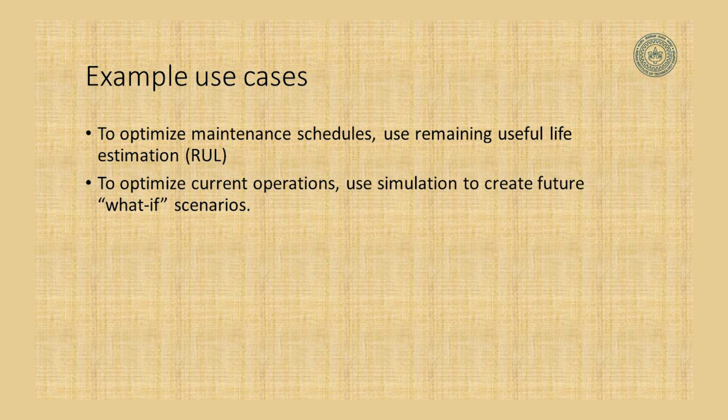Okay. To optimize current operations, you can use simulation to create future what if scenarios. So, if you want to optimize your current operations, you can use this simulation in the digital twins to create future what if scenarios. Okay. So, you have your shop floor running, but you want to derive more benefits, you want to reduce the operational costs of your shop floor.